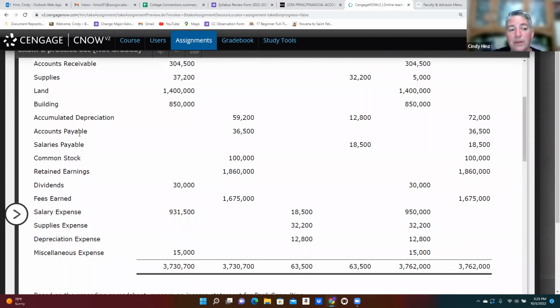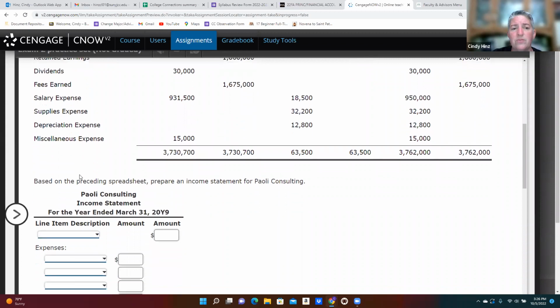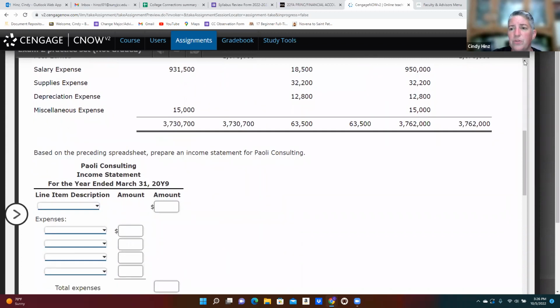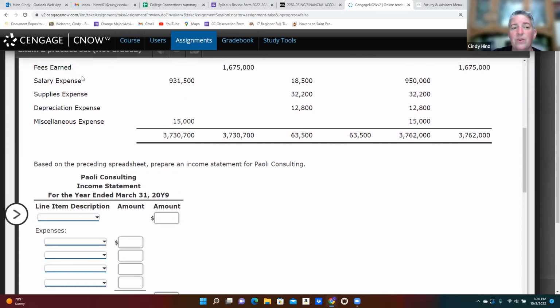Then we have the liabilities, accounts payable, salaries payable. We have the permanent equity accounts, common stock and retained earnings. Then we have dividends. And so the revenues and expenses, the information we need to prepare an income statement, those are always going to be the final accounts on the trial balance. The expenses are going to be last, and then the revenues will be the first credit balance account going up from the bottom.